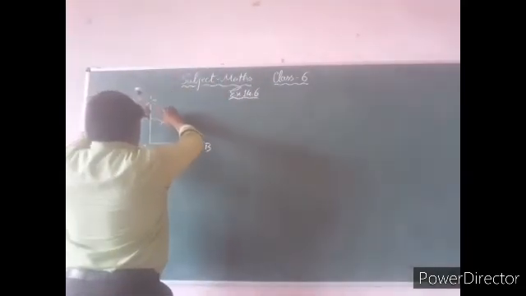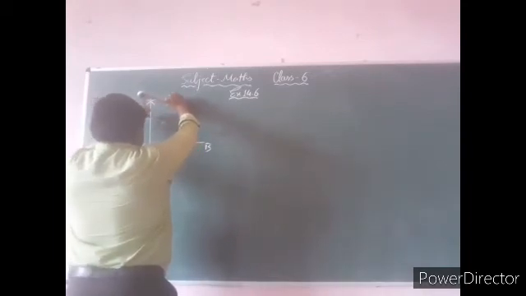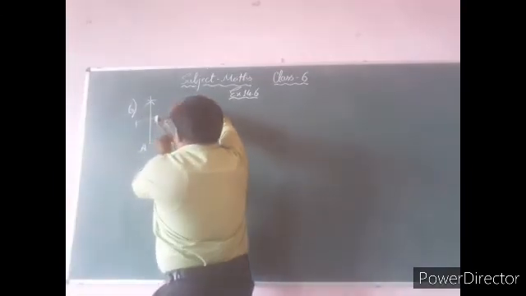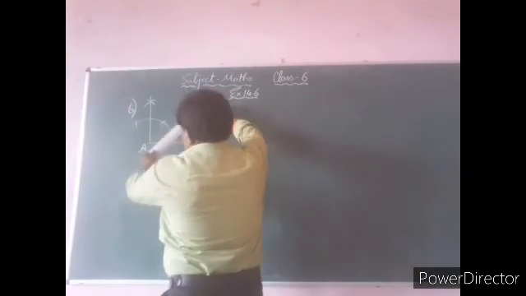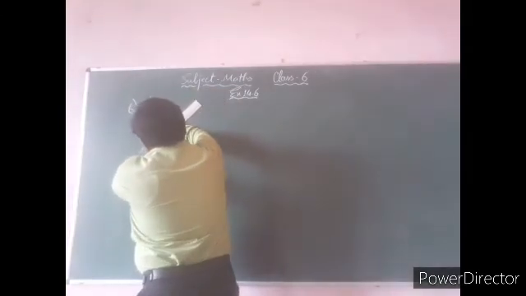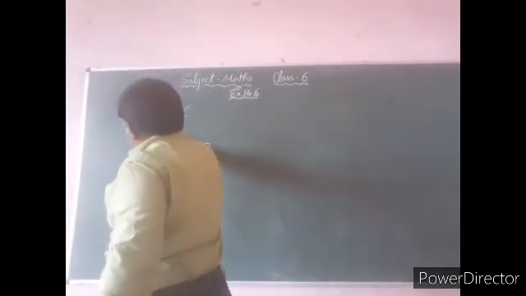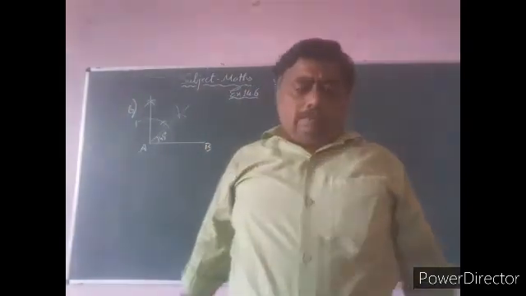So take any radius, draw an arc, and of the same radius, draw an arc. Join. Draw the line. This angle is 45 degree.